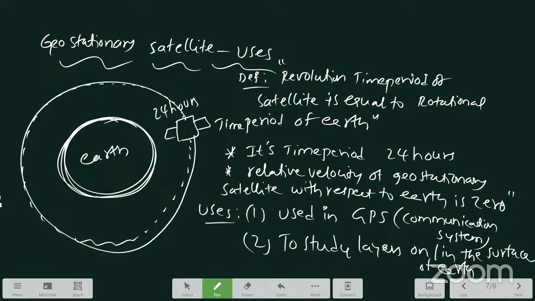And now the last question here, students, from this gravitation lesson. You are reading 4 SAQs. One is escape velocity, second is orbital velocity, next geostationary satellite, and the last one is Kepler's laws of planetary motion.